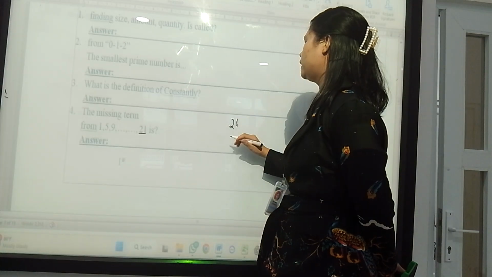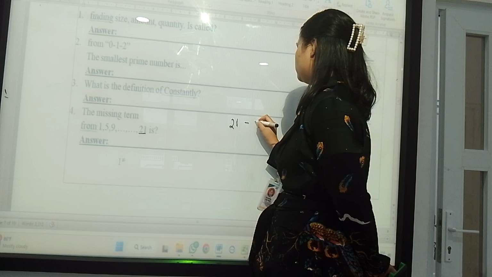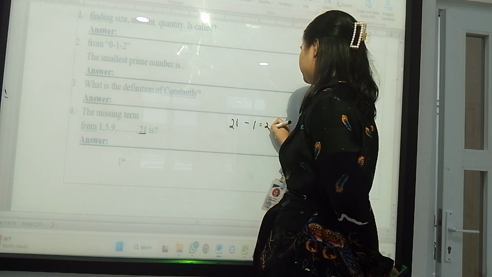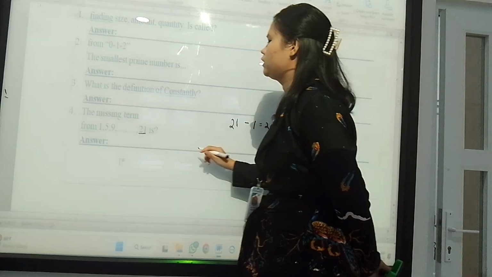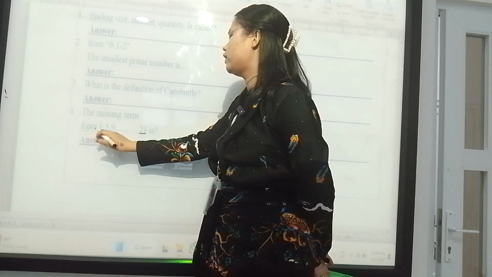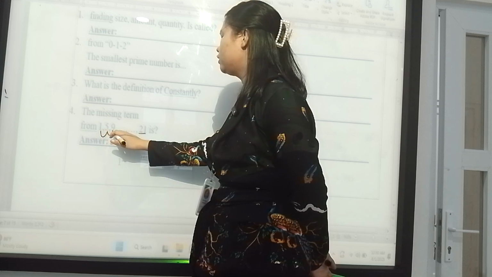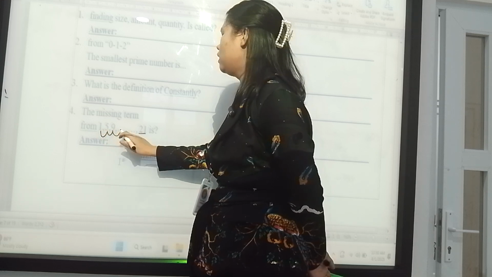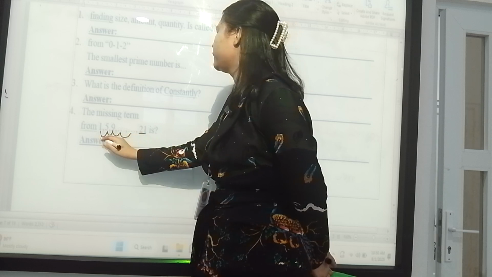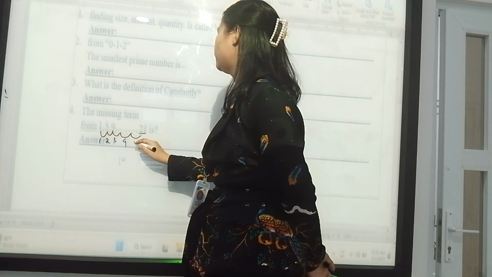So we need to minus the last term with the first term. 21 minus 1 equals 20. And the 20, you must divide it by how many jumps. From 1 to 5, 1 jump. From 5 to 9, 2 jumps. From 9 to this blank, 3 jumps. From this blank to this blank, 4 jumps. From this to this, 5 jumps.